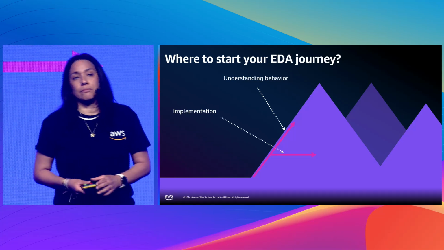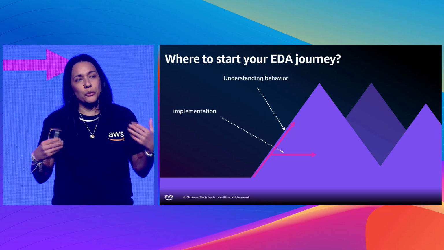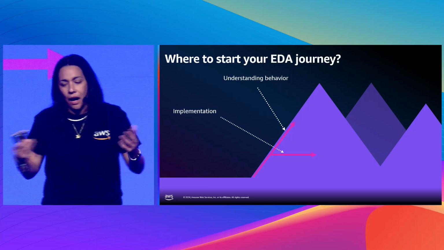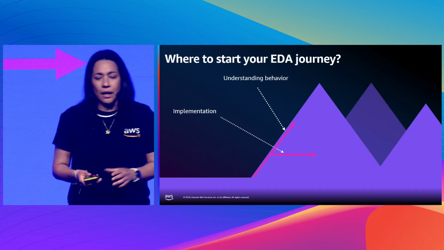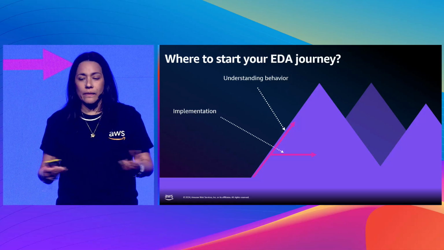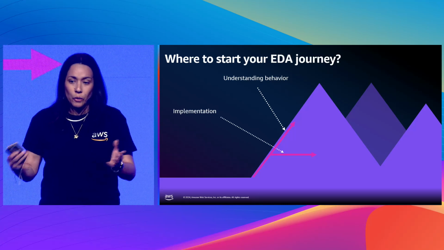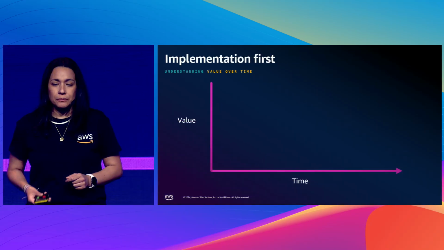And the next one is that we take a step back, we take a moment, and we start to think about the behavior of our systems and how we can actually integrate them. So let's take a look at both of them, because they will have quite some differences in the journey that they make as you adopt one of those. And let's start with implementation first.